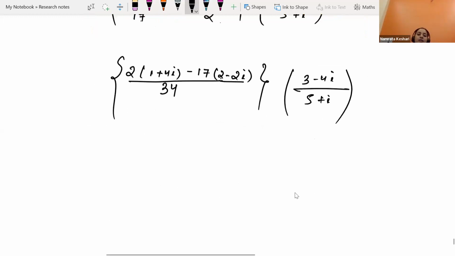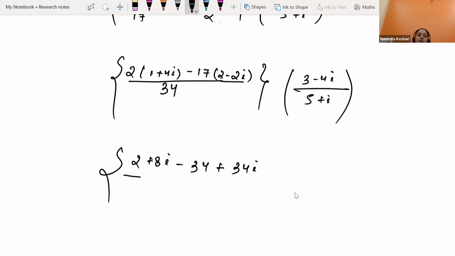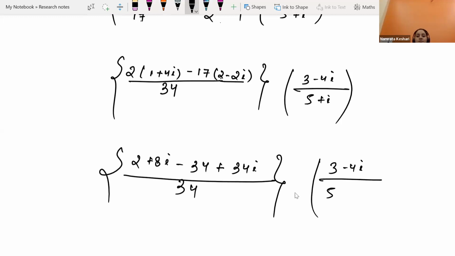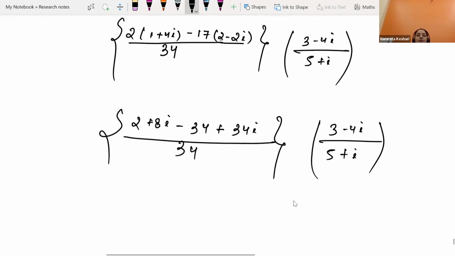Let's open the bracket. 2 plus 8i minus 34 plus 34i by 34. This is what we are having. 8i plus 34i is 42i, and 2 minus 34 is what?